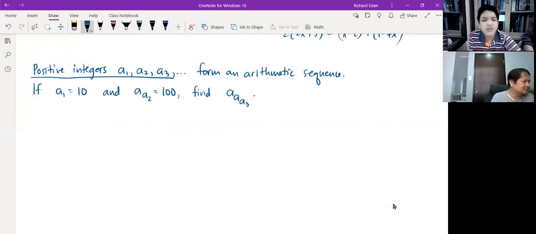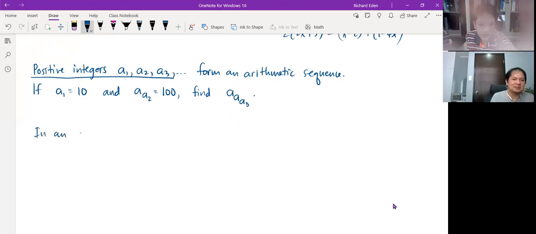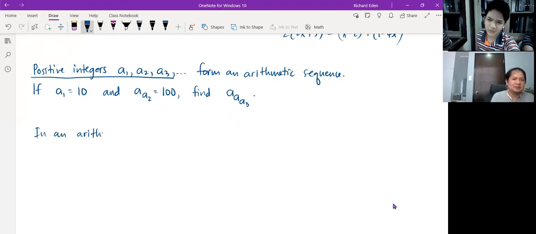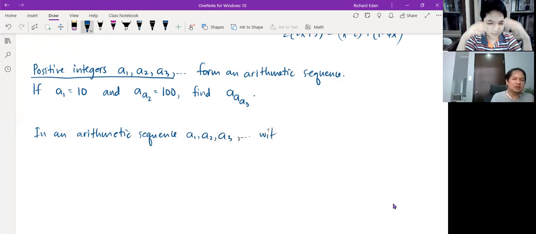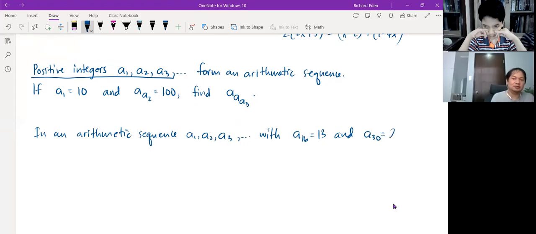So it is the... Meron pa tayo ng mga absolute values in an arithmetic sequence. A sub 1, A sub 2, A sub 3, with A sub 16 equal to 13, and A sub 30 equal to 20.